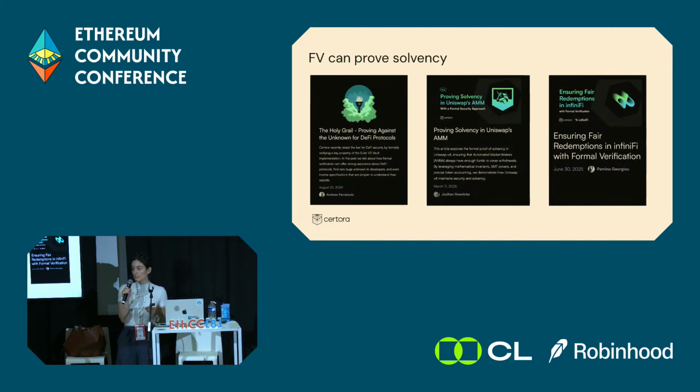We proved solvency in Uniswap, but we didn't only prove solvency, we can also prove that your share value does never go down. We can prove compliance, things like we said before about your redemption queues, that your users are treated fairly. But we can also make sure that if there are rounding errors, the users cannot take advantage of that. So those are the cool things that you can do with formal verification.